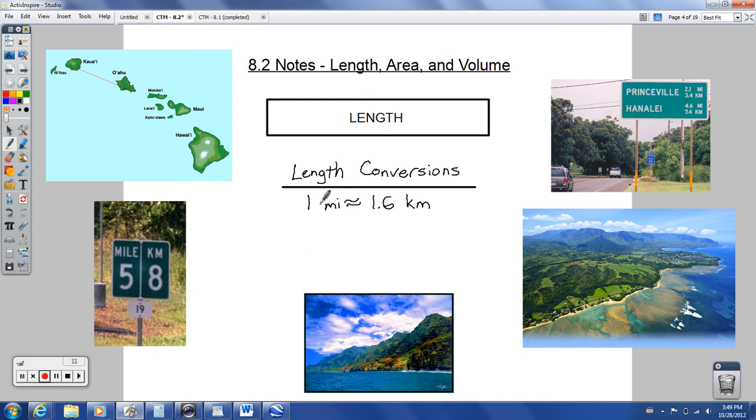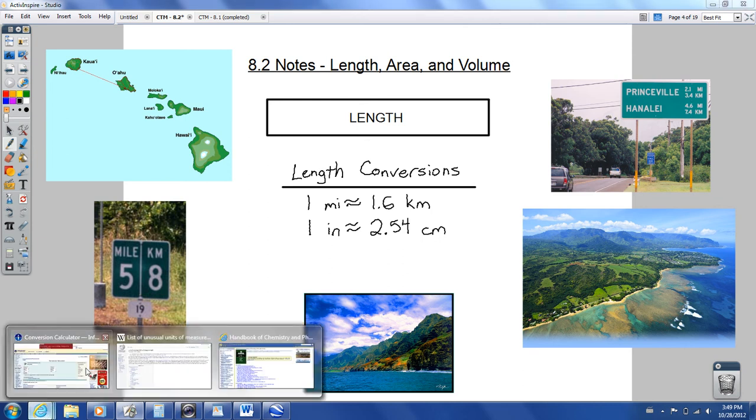So this is an approximation: 1 mile is about 1.6 kilometers. And then 1 inch, this is another one I need you to memorize. 1 inch is about 2.54 centimeters. These are very close approximations, so if you're using these conversions, you're going to get a very good, reasonable estimate for what you're looking for.